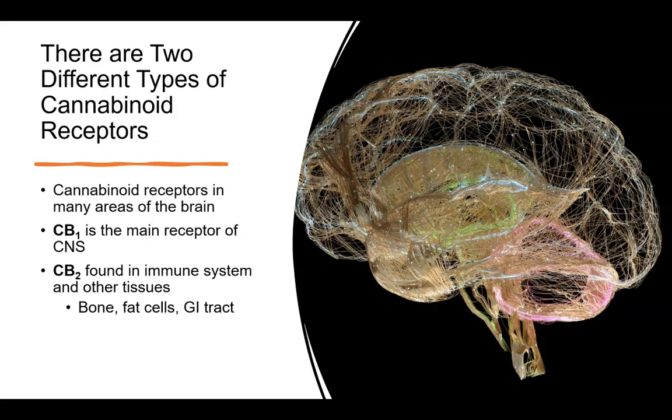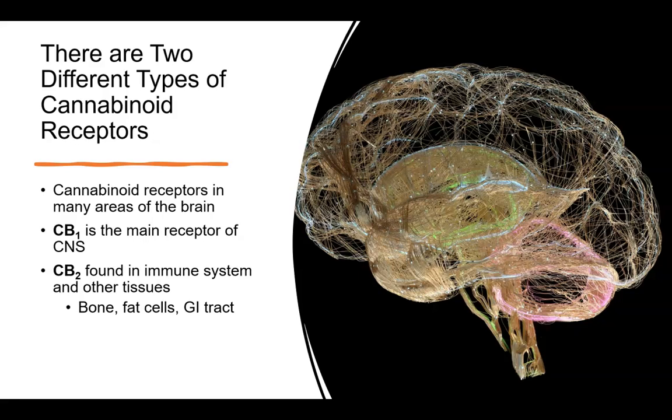The ones in the central nervous system, the brain and the spinal cord, are our CB1 receptors. CB2 is largely found in areas like your immune system, bone tissue, adipose tissue, better known as fat cells, and the gastrointestinal tract.